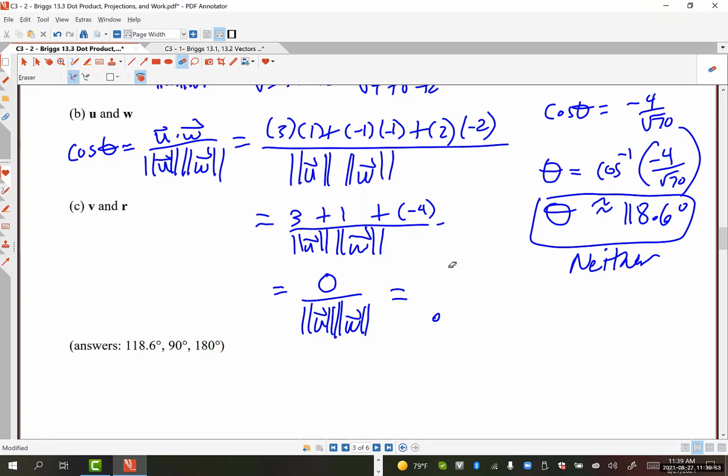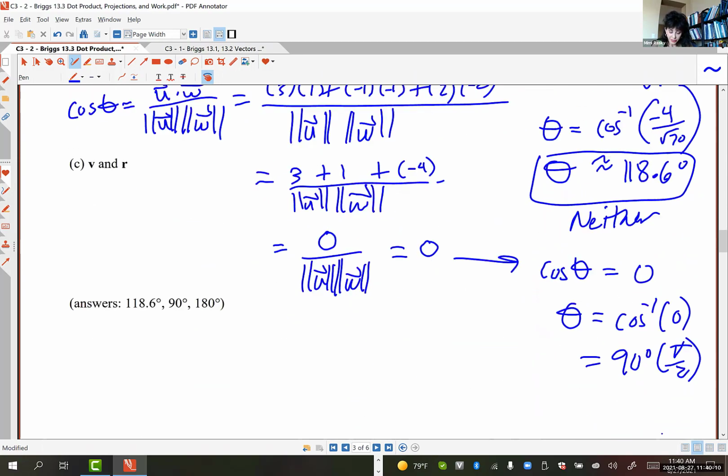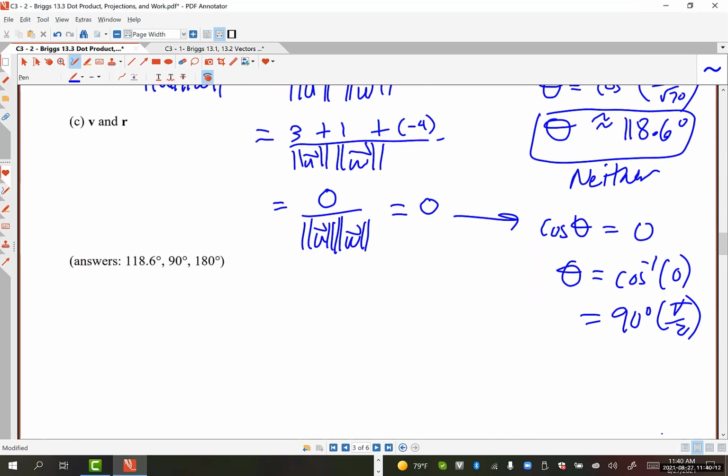Zero. And so what is that telling us? My cosine is 0. So cos inverse of 0 is 90 degrees or pi halves. Orthogonal, parallel, or neither? Orthogonal.